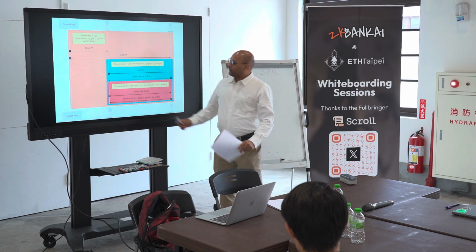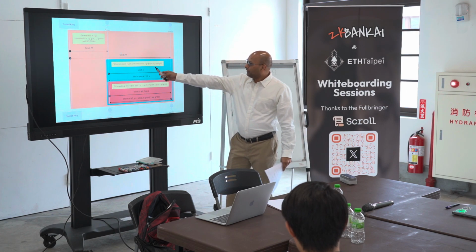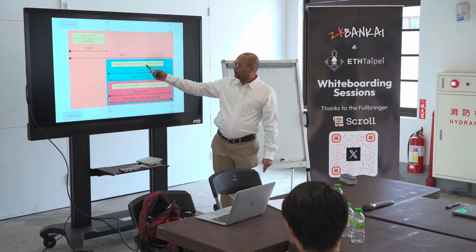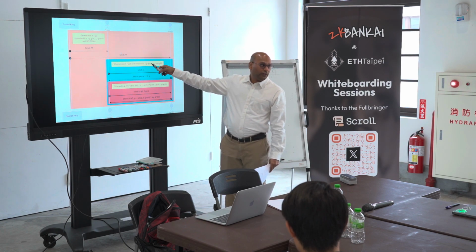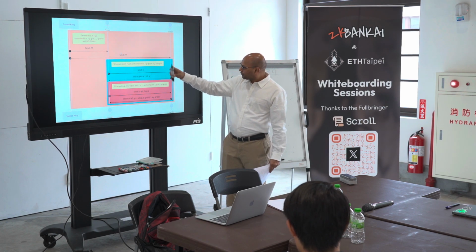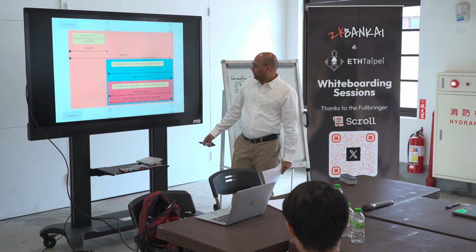And then the prover picks a polynomial, and computes the commitment of the polynomial, which is here the generator G raised to the polynomial. And then he sends that commitment to the verifier.